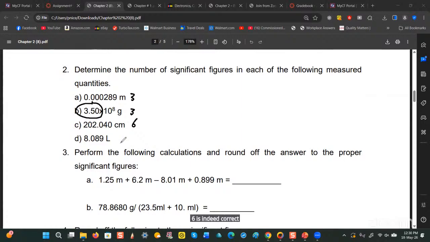And what about D? 1? No. 4. Right? All the digits are significant, including the 0 here, which is sandwiched between 2 non-zero digits. All right? Okay. Any questions about any of these? Nope.